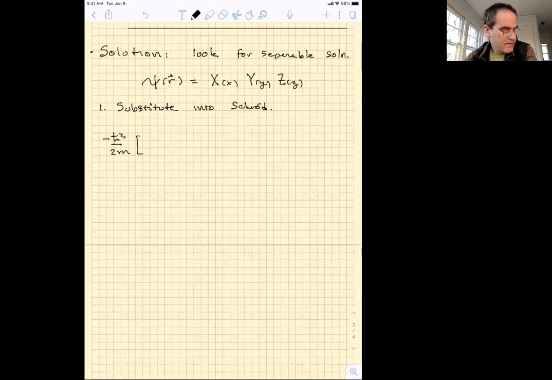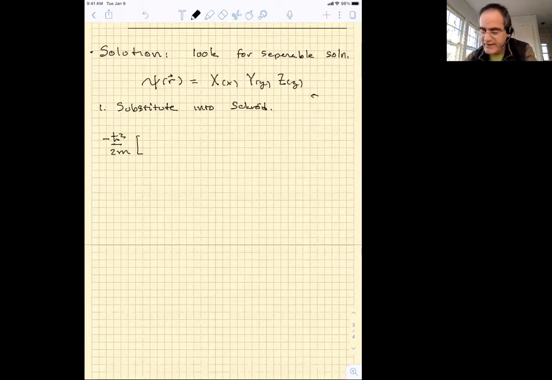Now we'll have the second derivative with respect to x of the wave function, second derivative with respect to y of the wave function, plus second derivative with respect to z of the wave function. Because we're using this separable solution, each part of the wave function only depends on one variable, and so we can write it like this.